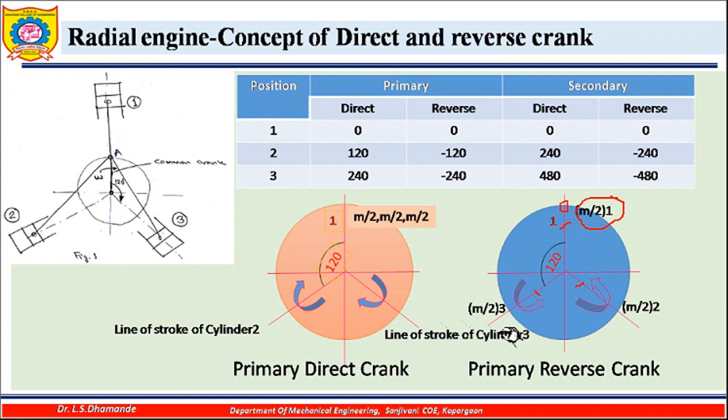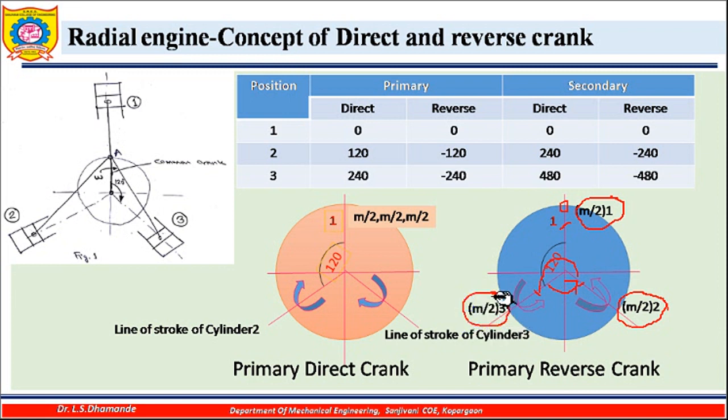The line of stroke of cylinder 2 is at minus 120, so minus means I will go in the anti-clockwise direction, and the mass m by 2 on the second crank will be here. And the third is 240, again in the anti-clockwise direction, so the mass is coming over here.